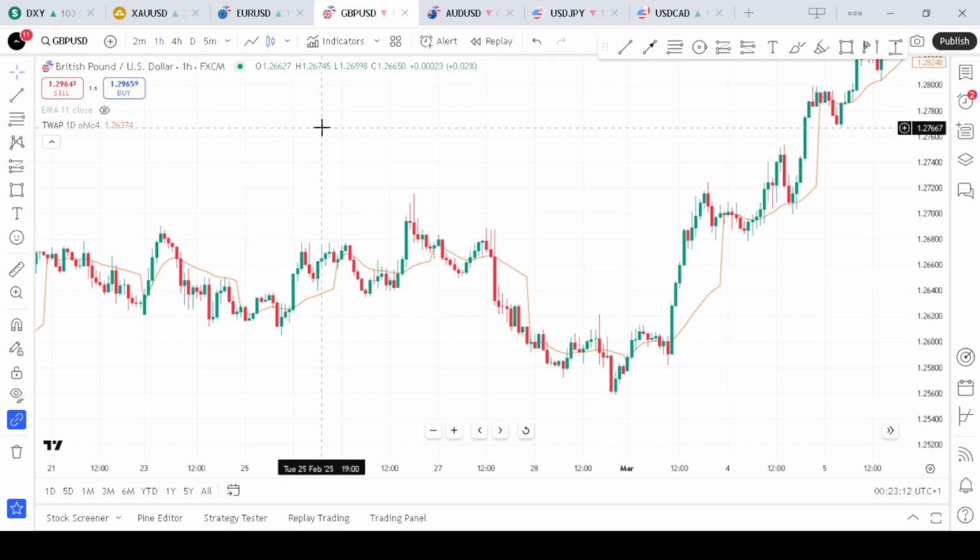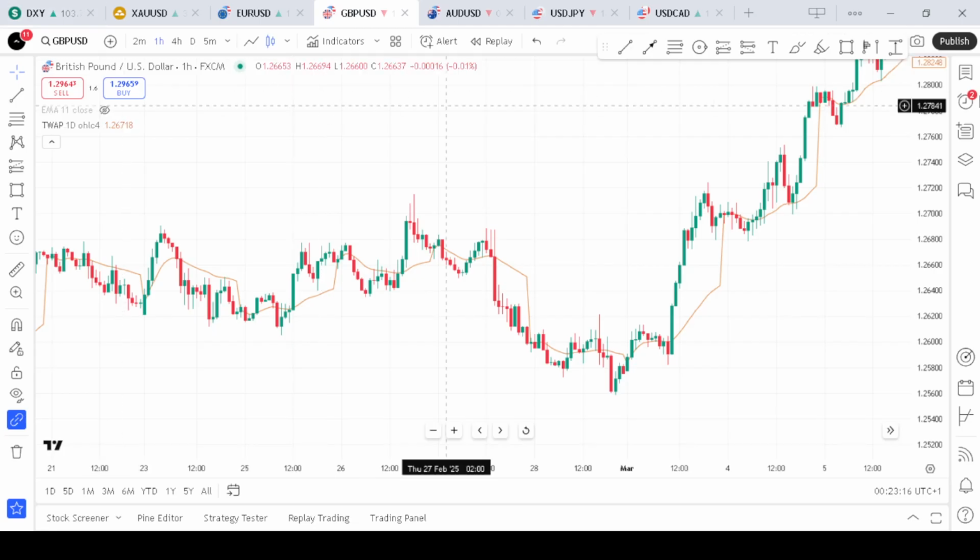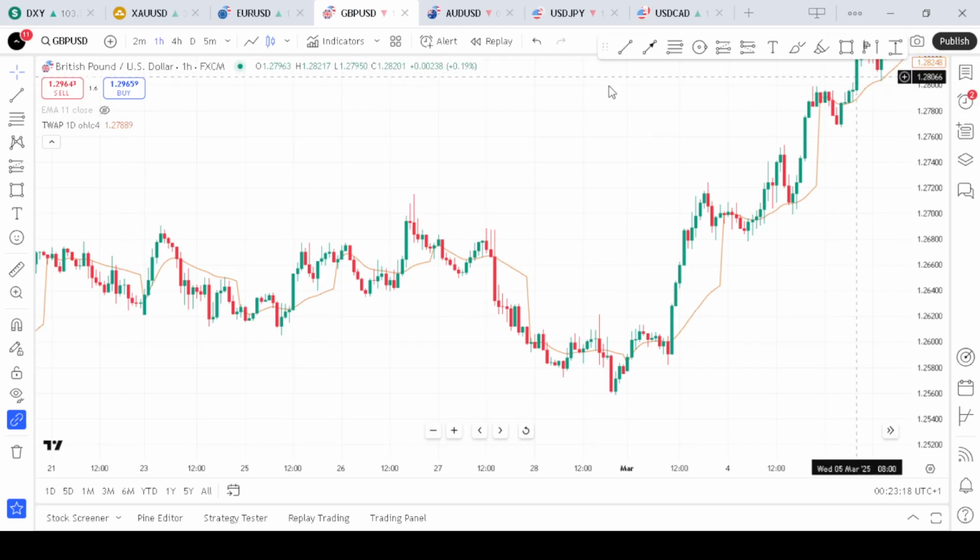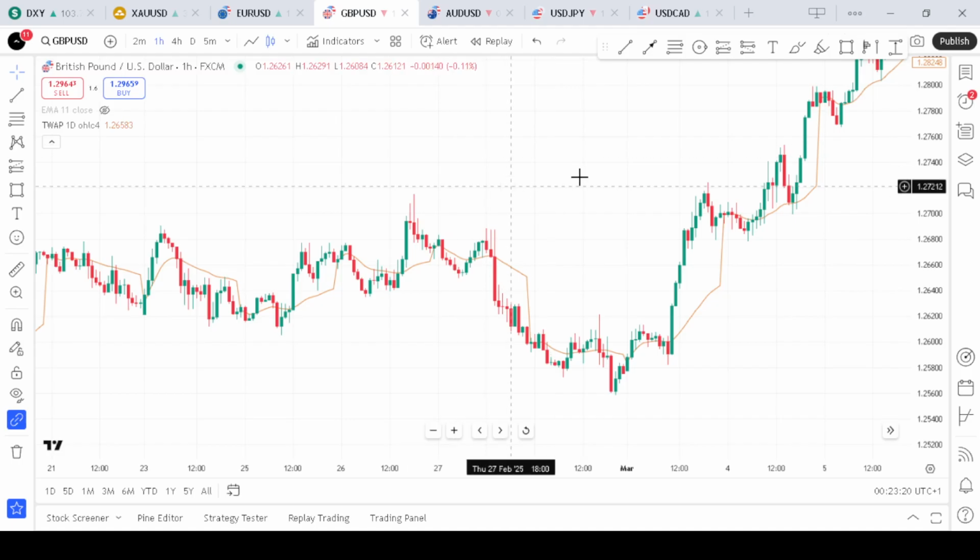This smooths out any temporary fluctuation in price during that period. So these are the calculations of the TWAP using hourly intervals.